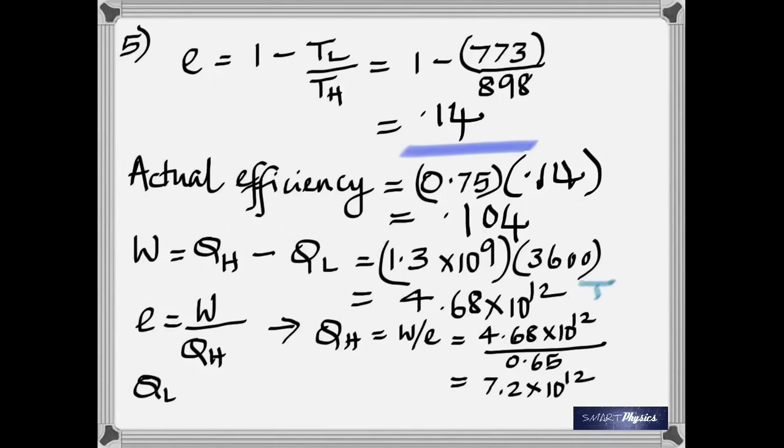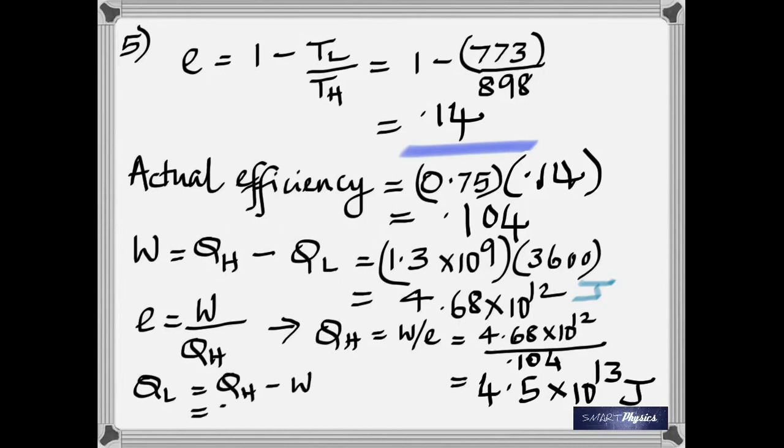So that's in joules, okay. Yeah, because I changed it before now. So you get QH and then find the heat exhausted or rejected to the cold object.